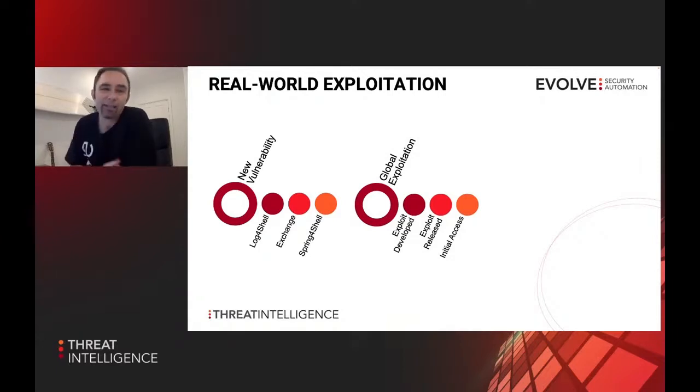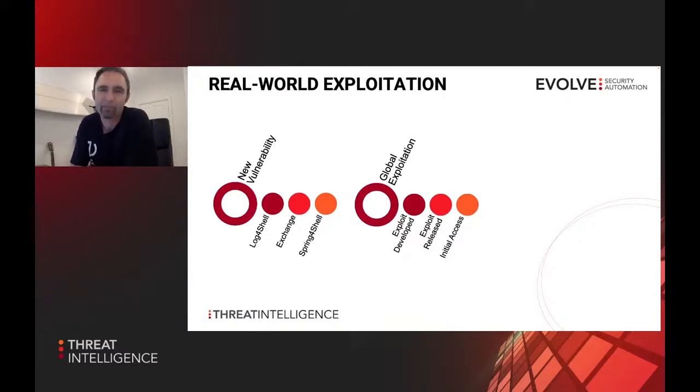Right, so the next thing that happens is the phase for global exploitation, and this happens very, very quickly. So what happens is the exploit gets developed for the vulnerability. It may be that a vulnerability is announced, and the exploit is then developed. That can be developed by private cyber criminals, or within commercial exploit frameworks.